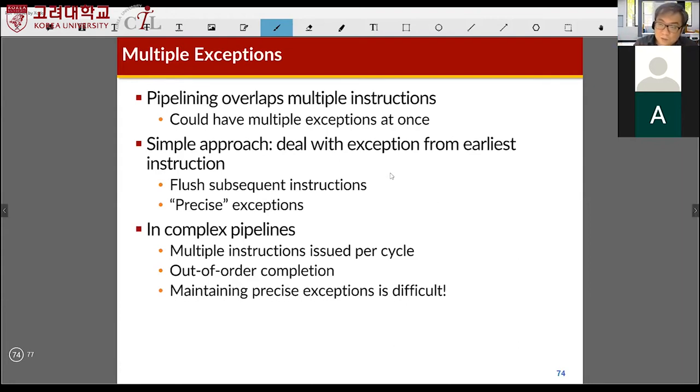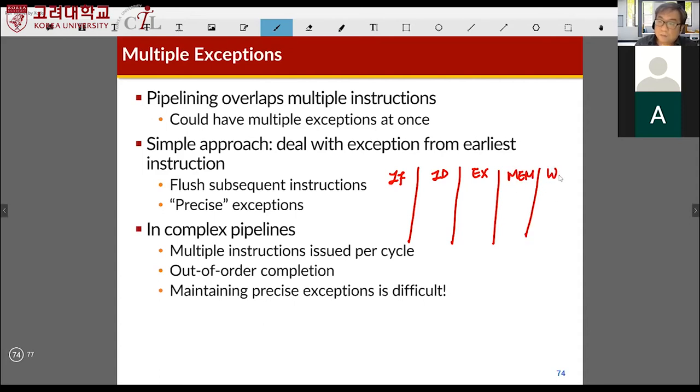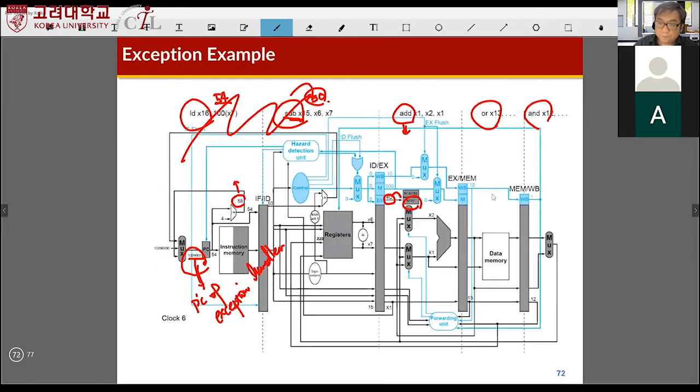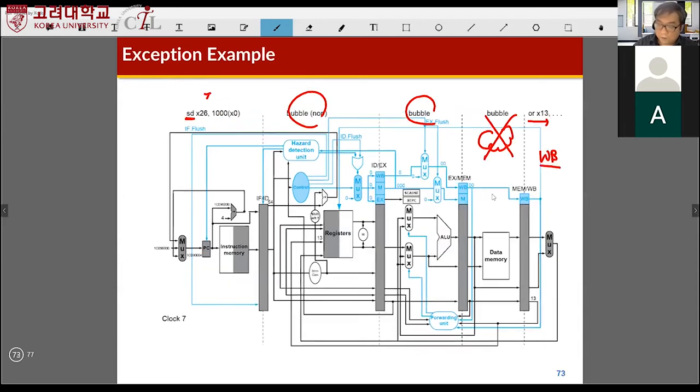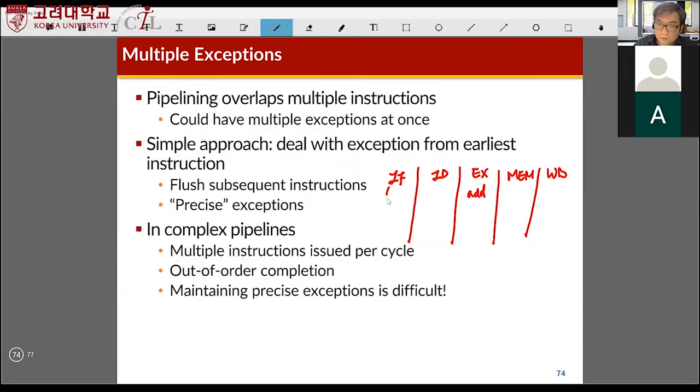So for example, instruction fetch, instruction decode, EX, memory and write back. So ADD, LOAD, SUB, ADD, OR and AND, LOAD, SUB and OR and AND.